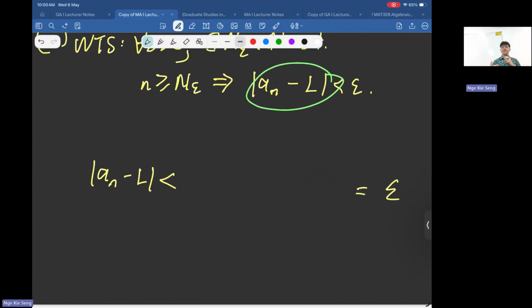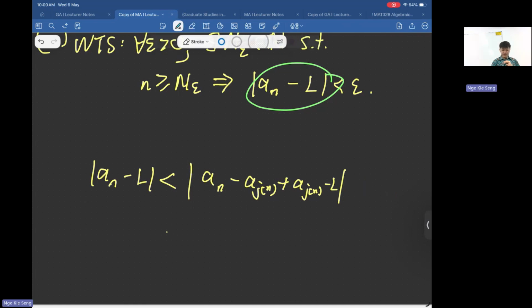So how did you represent a subsequence last time? a_{j_n}, for example. So maybe I add a_{j_n} minus a_{j_n} inside here. Increasing function, right? So from here, what can you see? How many N do you need to choose here? Capital N is involved.